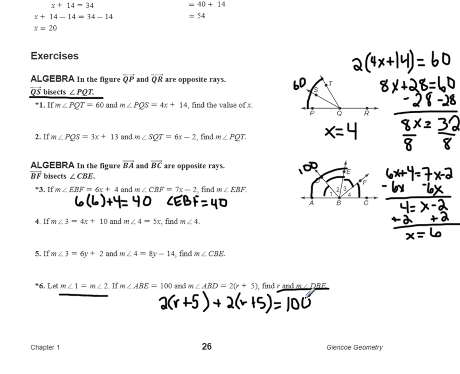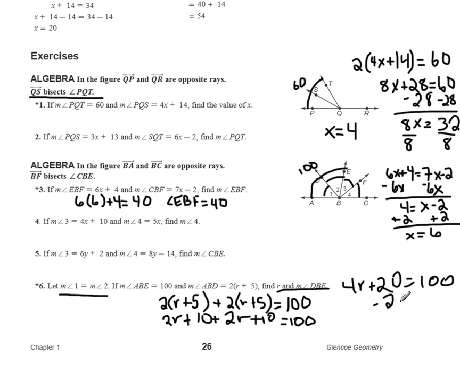I'm just going to do it this way. We've got to distribute the 2, so we have 2R plus 10 plus 2R plus 10 equals 100. Combine our like terms. So we have 4R plus 20 equals 100.